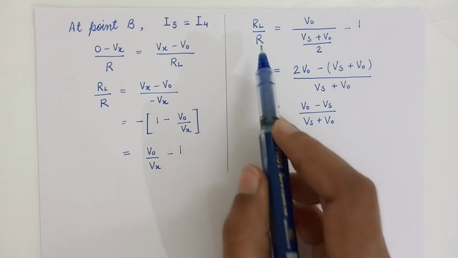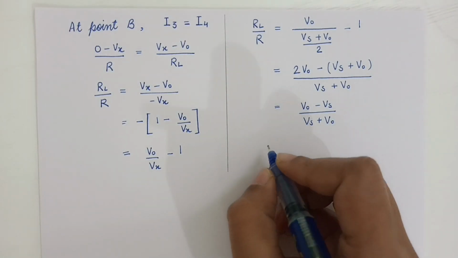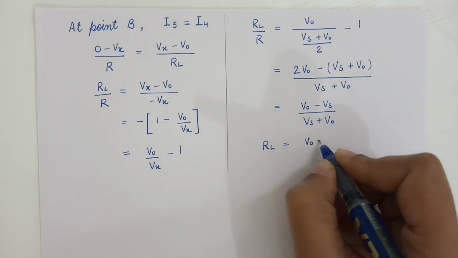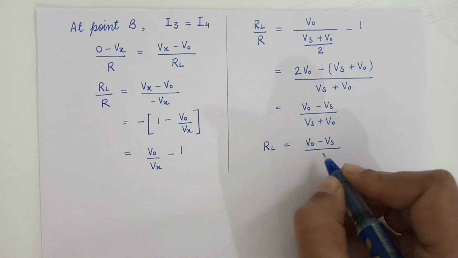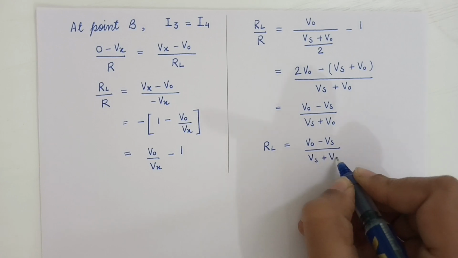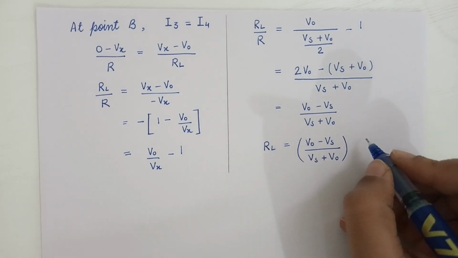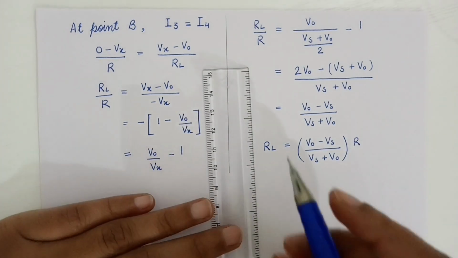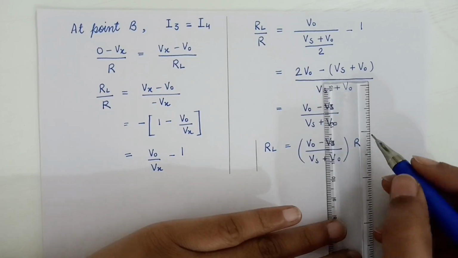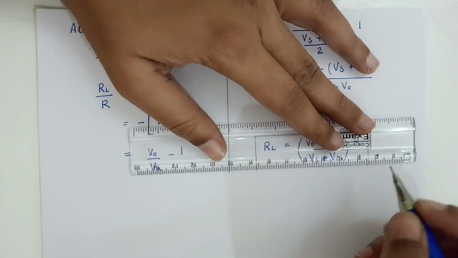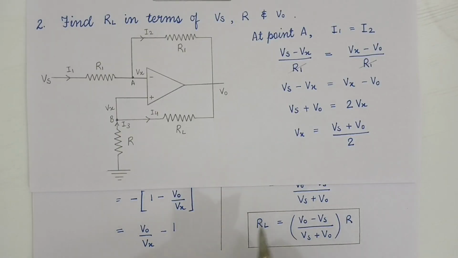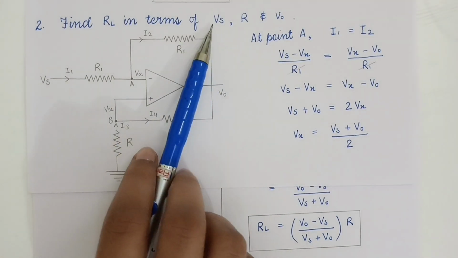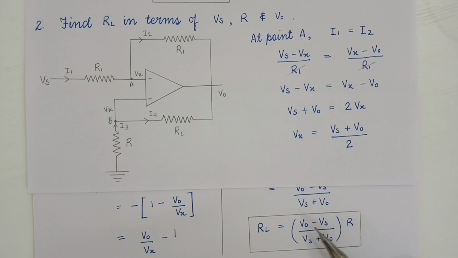Now taking this R to the right hand side, we can finally write RL is equals to V0 minus Vs divided by Vs plus V0 multiplied by R. So here we get the value of load resistance, as you can see in the question, in terms of Vs, R and V0.